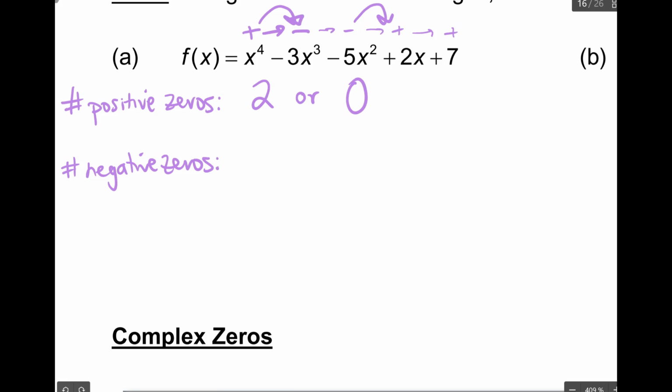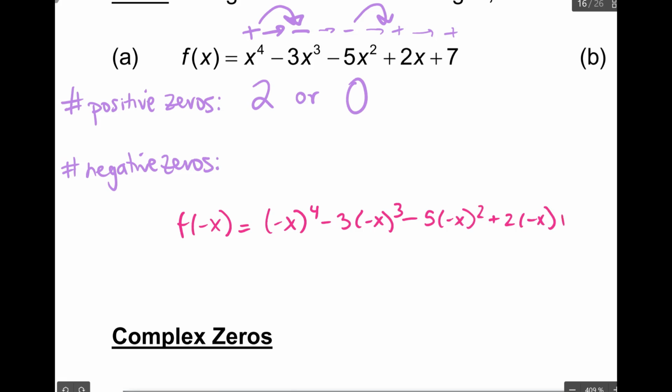The negative zeros means I'm going to plug in negative x into f of x, and let's see what happens. Everywhere where you see an x, I'm plugging in negative x. And let's see what changes. So negative x to the 4th is still x to the 4th.